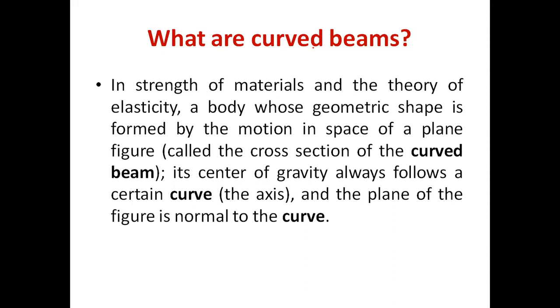You should be able to answer the difference: in a straight beam, the line of center of gravity is straight as per the geometrical shape of the beam, but in a curved beam, the center of gravity always follows the curvature of the beam. Understand? That is what a curved beam means.